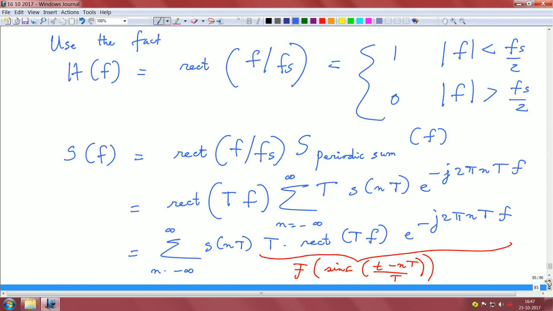Okay. So, basically to get the baseband s of f, I use this relationship and then I expand the periodic sum in this form, right.